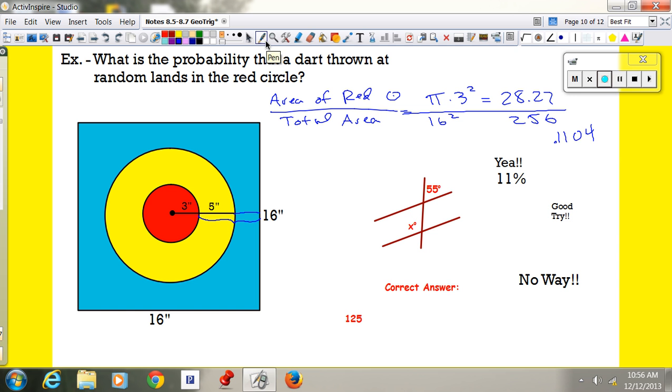If you move this over two places, it is 11.04%, or just 11.0%. And so that would be how we got 11% for that. Okay, moving on. 11% for that one. We good to go?